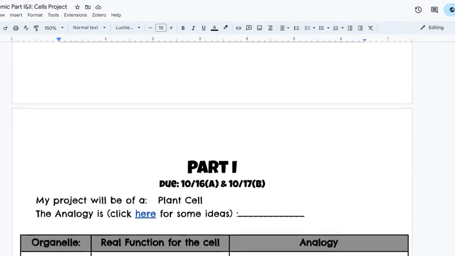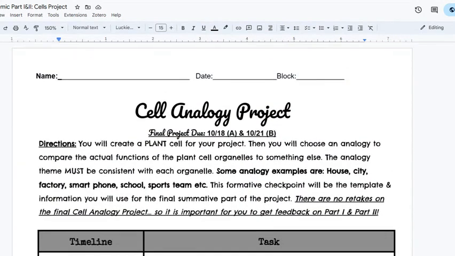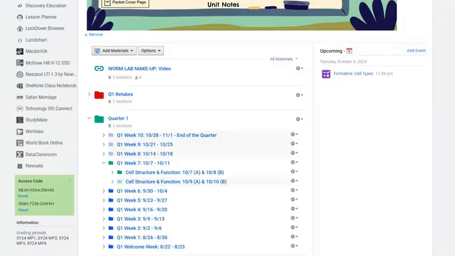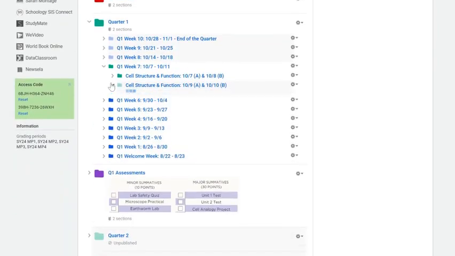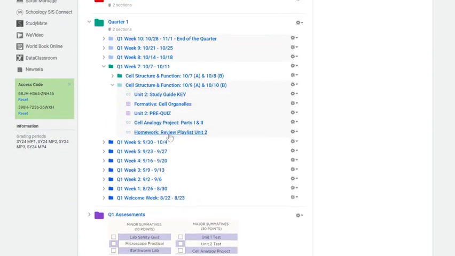So today, just think about it. Once you've thought about it a little bit, maybe searched around and hopefully chose an analogy, or started thinking about the analogy that you want to use, use the rest of the block today to study. So in Schoology, for today's folder, now that you've thought about your analogy, the last thing to really work on is study for your test.